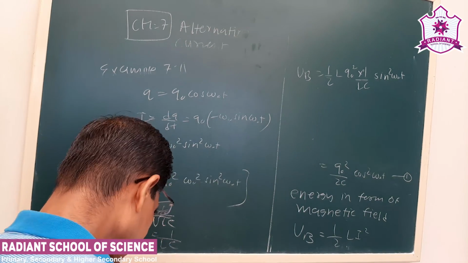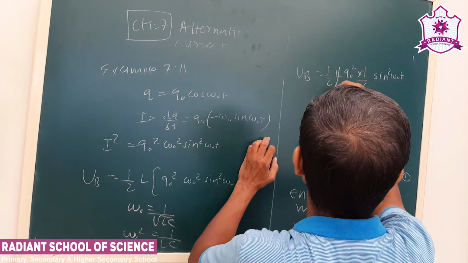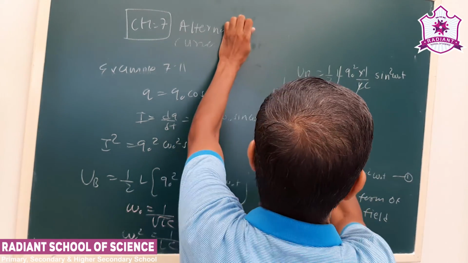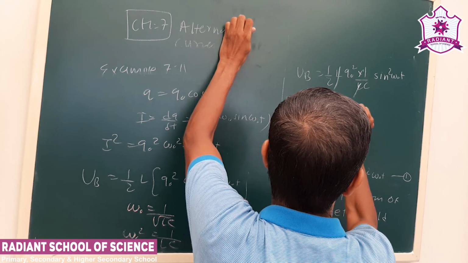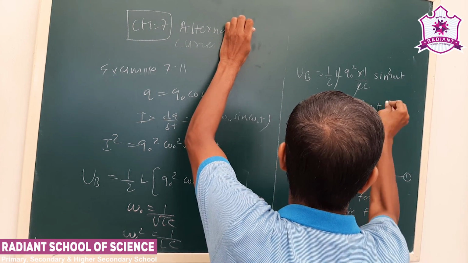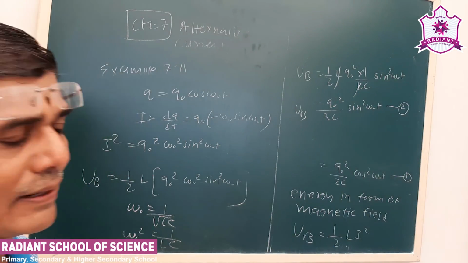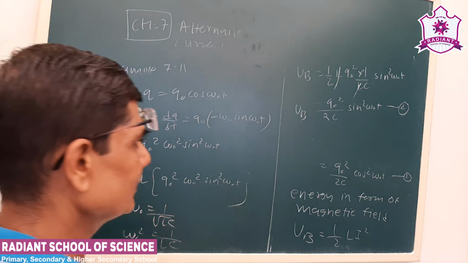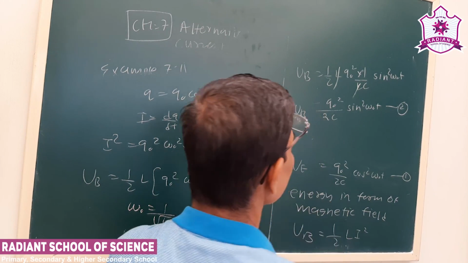Now we simplify. See, this L will get cancelled. So we get Q0 square upon 2C sine square omega 0 t. Now this is the energy in the magnetic field. And the energy in the electric field is this.